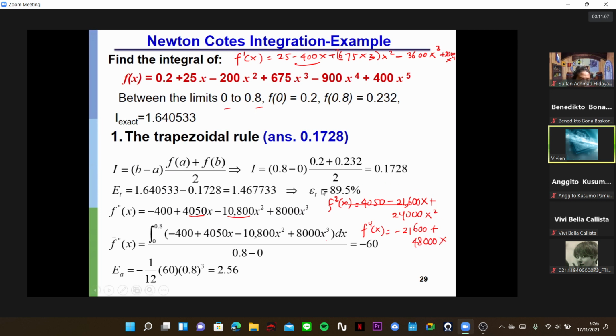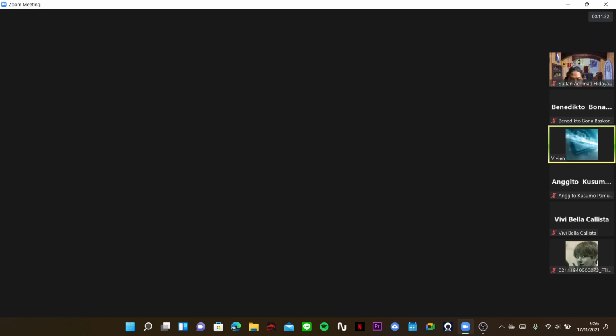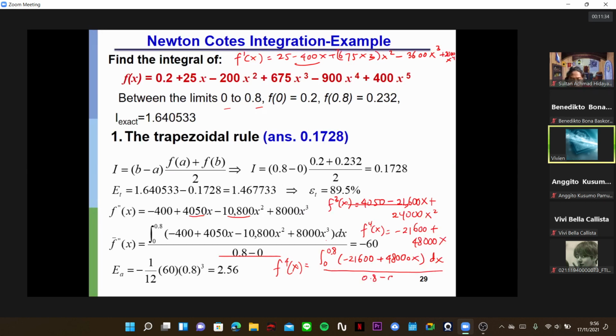Then we do the same thing as this one. We can find the average of the fourth derivative in the interval, from 0 up to 0.8, where the function is minus 21,600 plus 48,000 x. We do the integration dx, and this is divided by 0.8 minus 0.